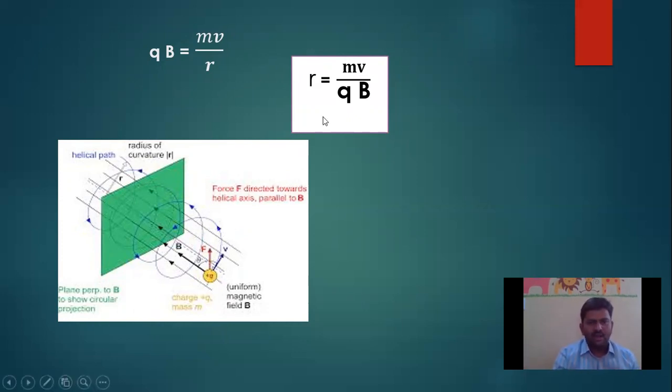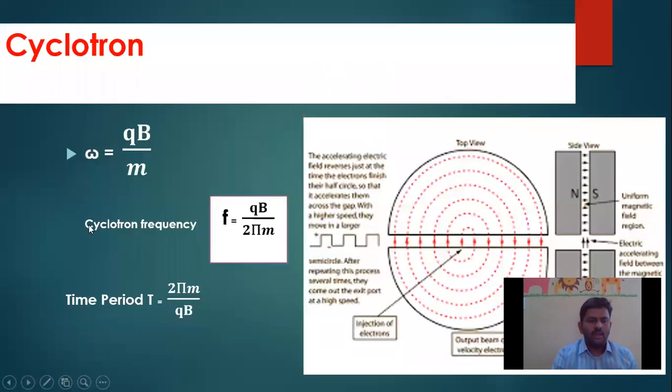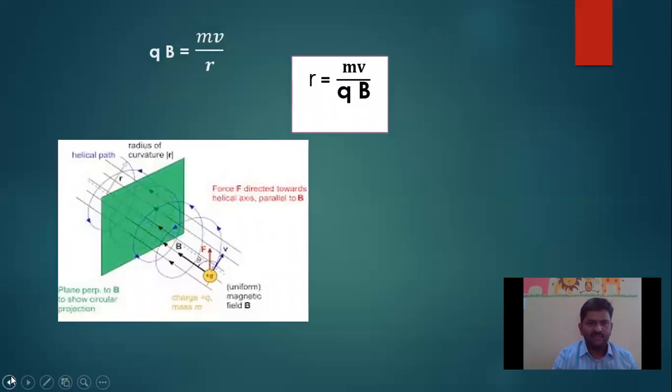Okay, and this is the radius. Now, if this is the radius, and we already saw that if the charged particle enters with an angle other than 90 degrees, it performs a helical motion.